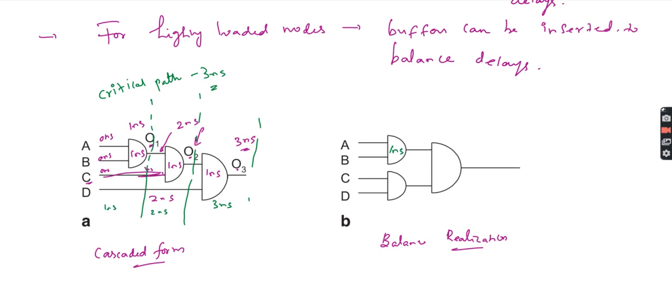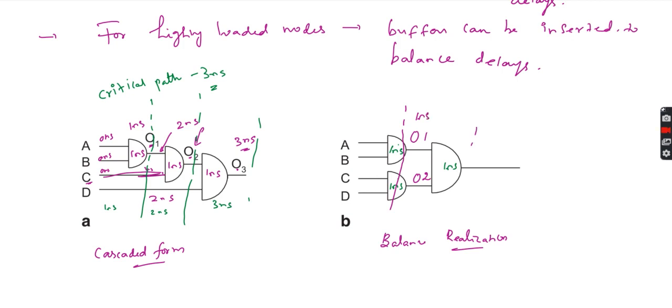Okay, now see, I will take 1 nanosecond, 1 nanosecond, 1 nanosecond. Now what will happen? For A, B, C, D, this gate also requires 1 nanosecond, and this gate also requires 1 nanosecond. So what will I get? The O1 and O2 outputs I will get after 1 nanosecond only.